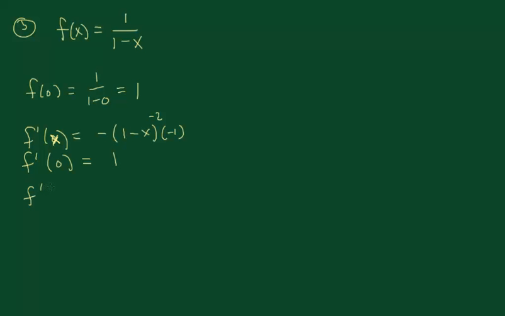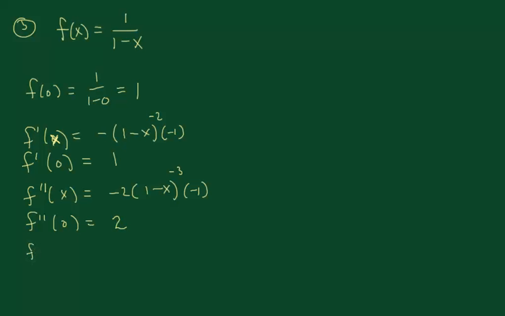Let's take a look at the second derivative of x. The second derivative of x then would be negative 2 times 1 minus x to the negative 3 power, and again times negative 1. And f double prime at 0 then would equal 2. I don't know if you see a pattern.